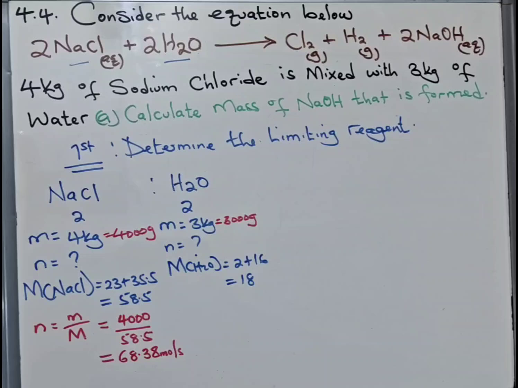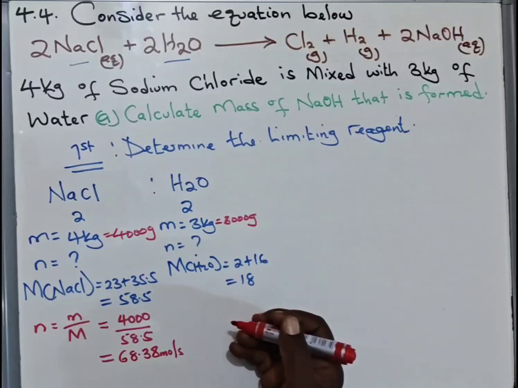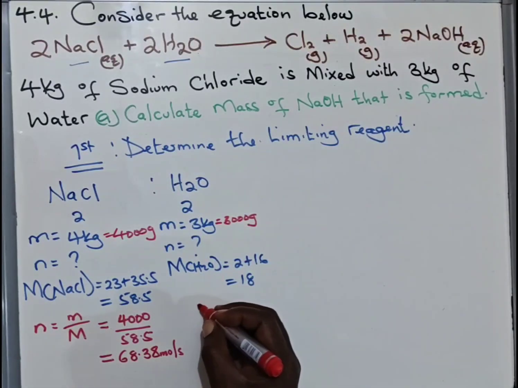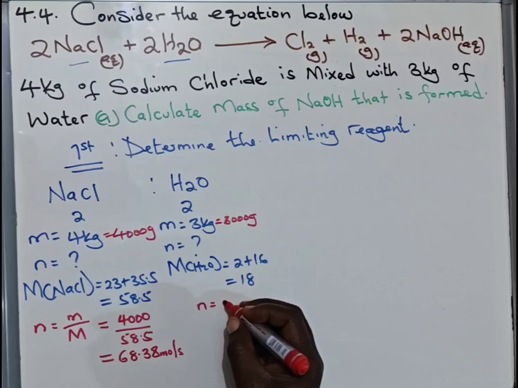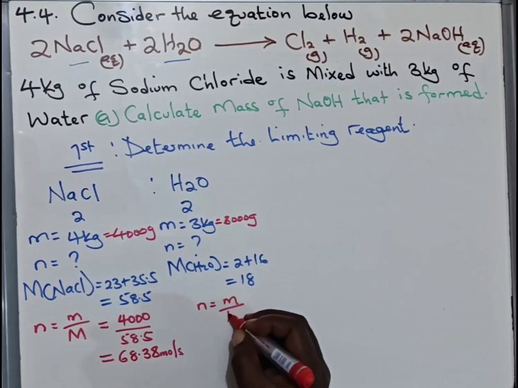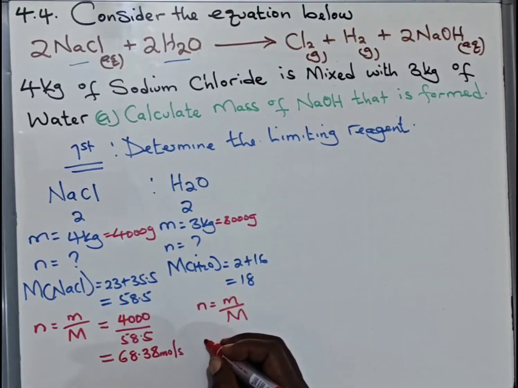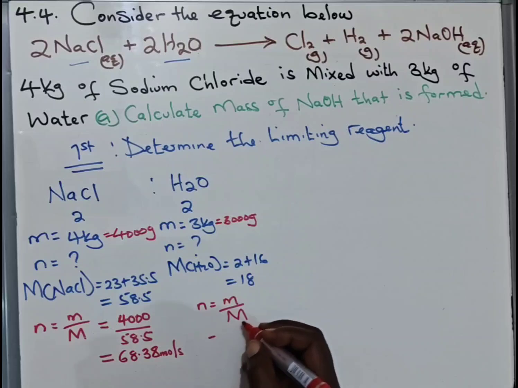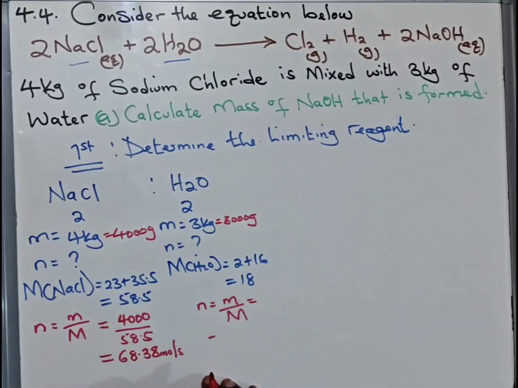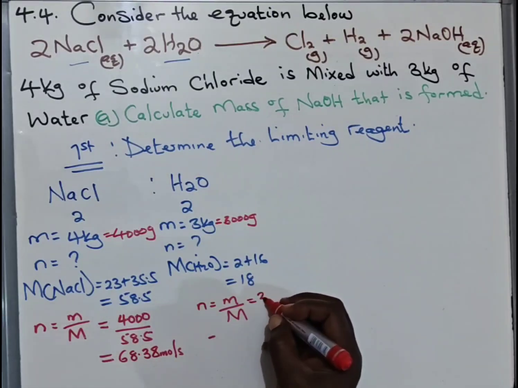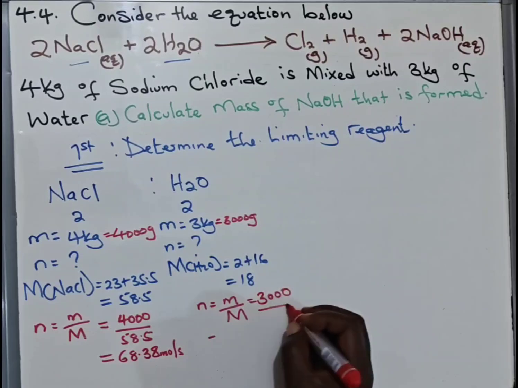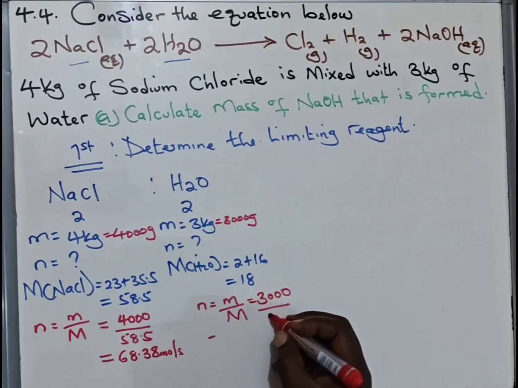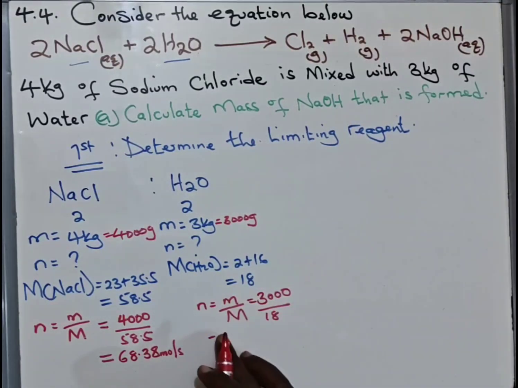Yeah, we have that. Then when you come to water, what do we have? It's the same formula. n is equal to mass over molar mass. So when you substitute for mass, it is 3,000 divided by the molar mass, which is 18.